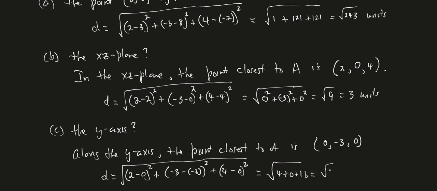So this is the square root of 20, and if you wanted to be all fancy and break this down, this will be 2 root 5 units, right? But with just a single formula to find a distance, we can now find the distance between a pair of points, or a point and one of the coordinate planes, and a point and one of the coordinate axes.